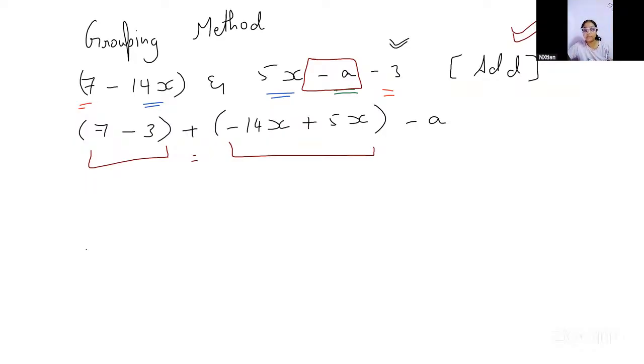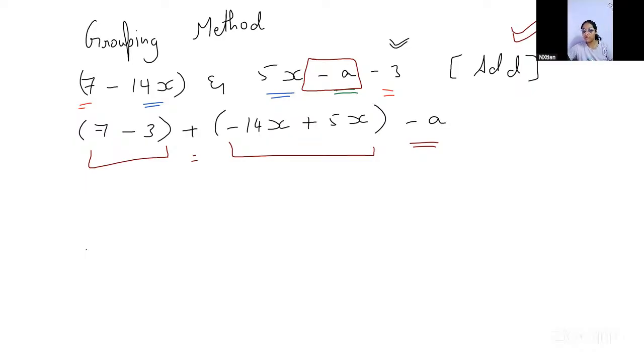You can just put minus a, and if you do put plus minus a, it ultimately becomes minus a. But ma'am, the same thing happens, no? Plus minus 14x. See, this plus minus 14x, you're going to first evaluate the inside.